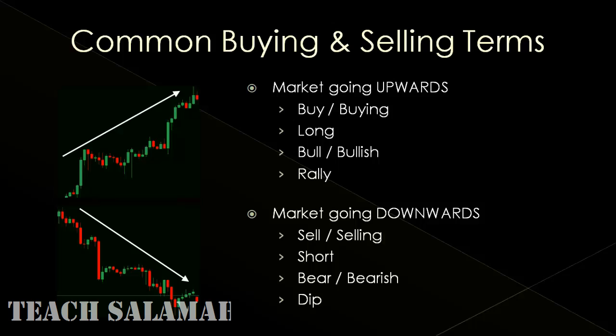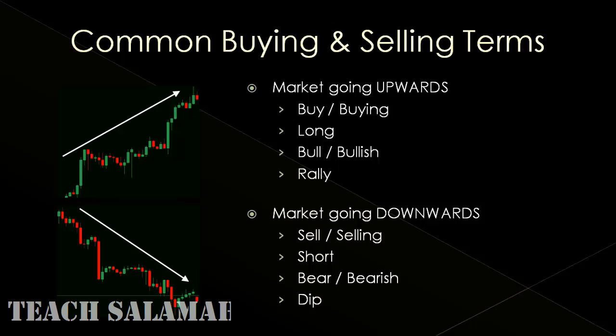Traders would commonly refer to this either by saying selling or they are short. If this was the Euro USD, you would be short the Euro USD. Saying that the pair is in bearish decline or it is in a bearish trend would also say that the market is going downwards. And finally, you can also refer to it as a dip.